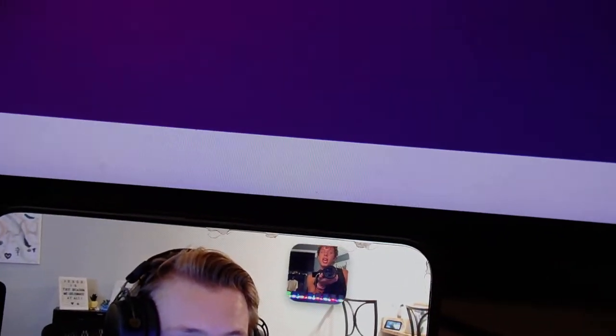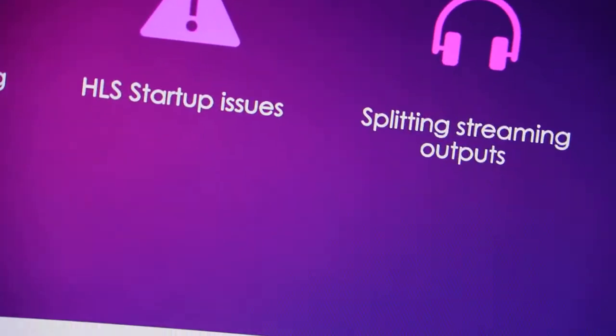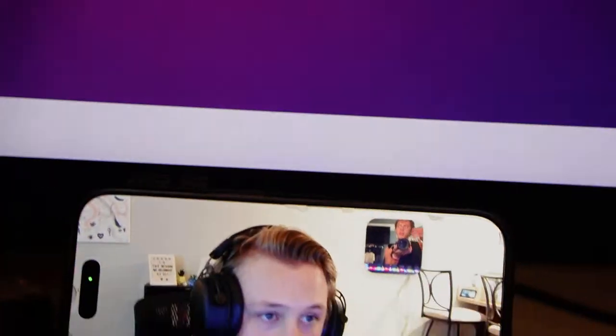So we had to split the streaming output. The Pi itself only thinks there's one output, but it's splitting it right before it goes out of the Pi to its destinations. Then it executes the HLS protocol and the FFmpeg protocol, and that's how it ends up at its final destination.